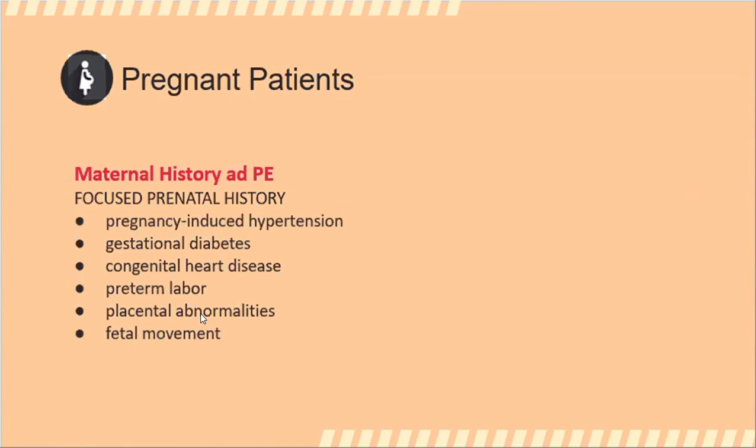So after stabilizing the mother, we move on to our secondary survey. So these are things to ask sa secondary survey. Pregnancy-induced hypertension, history of DM, CHD, if she had any preterm labor, or ask for fetal movement.